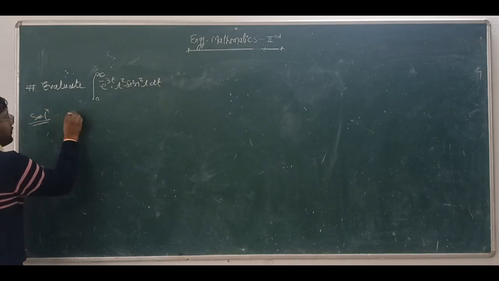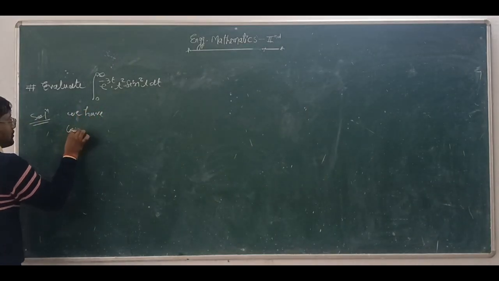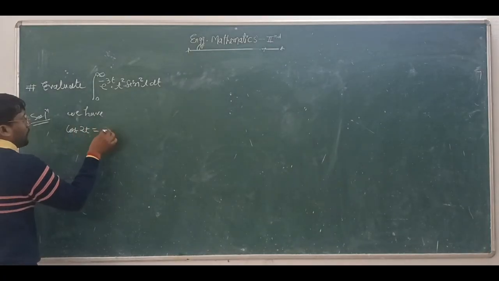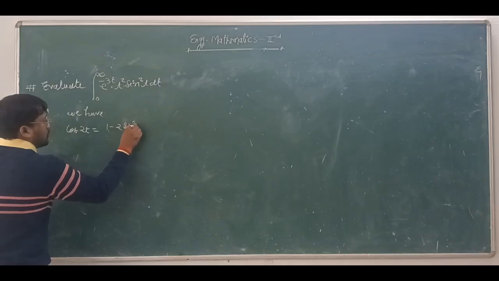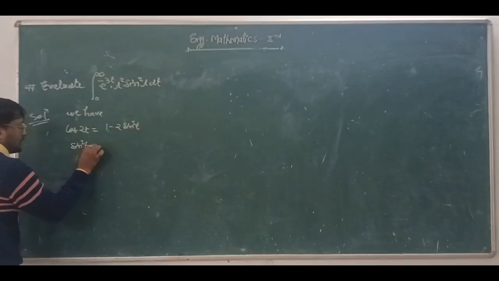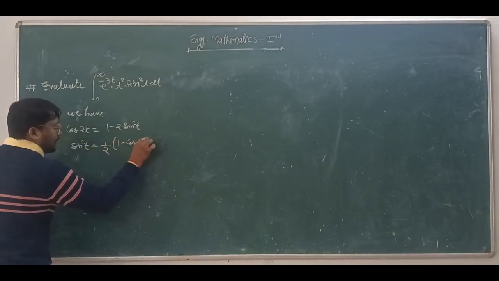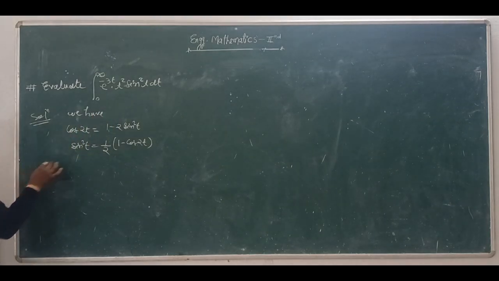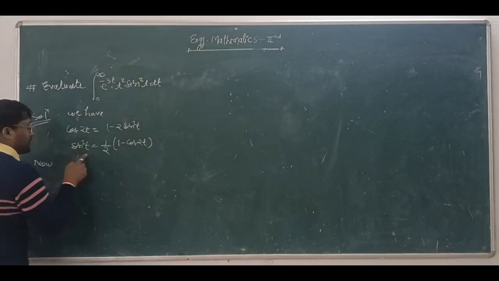First we have cos 2t equal to 1 minus 2 sin square t. You can find sin square t equal to 1 by 2 times (1 minus cos 2t). Now first find the Laplace of sin square t.